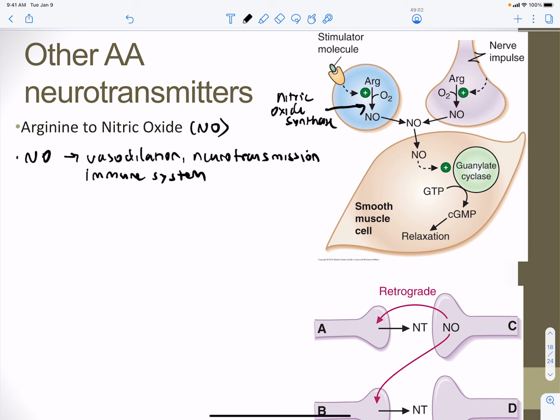And so you're going to have 3 different forms of nitric oxide synthase. So in your neurons, you're going to have nitric oxide synthase 1.